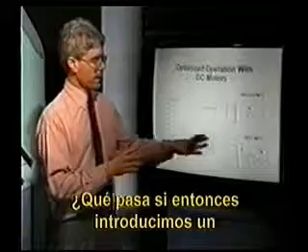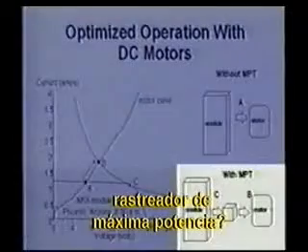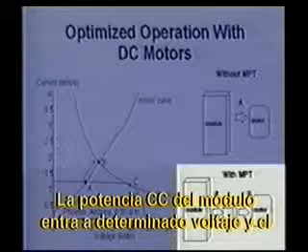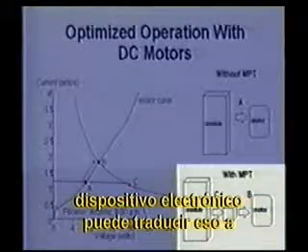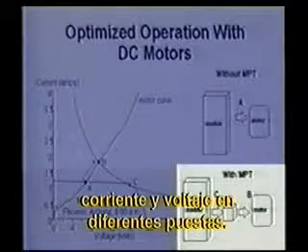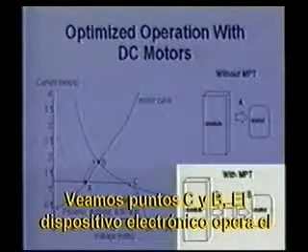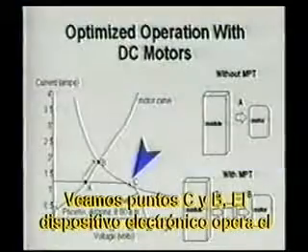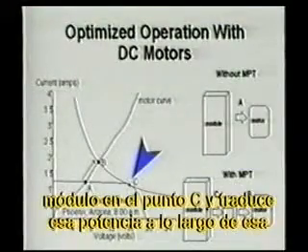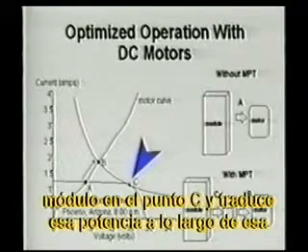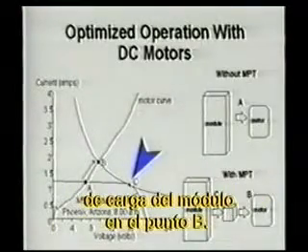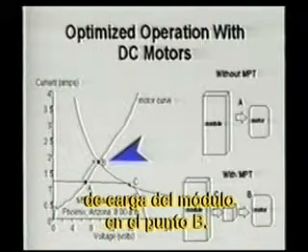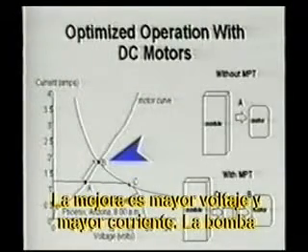What happens now if we introduce a maximum power tracking device? We now have the module DC power going in at a certain voltage, and the electronic device can translate that into current and voltage at different settings. Let's look at points C and B. The electronic device operates the module at point C and translates that power along that curve of constant power, and now intercepts that motor load curve at point B. The enhancement is greater voltage and greater current.